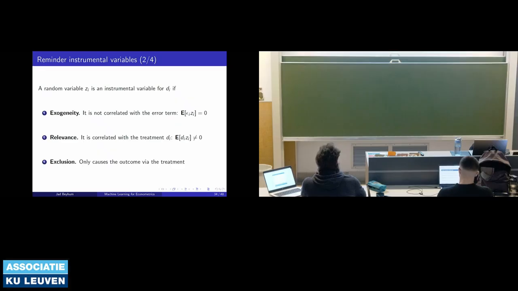Okay? Because you need to really be able to say the difference between the wages of these two groups can only be due to their different level of education. And these three conditions guarantee it. The second condition guarantees that there is a difference of education, and the first and the third guarantee that the difference in wages can only be due to this difference in education.